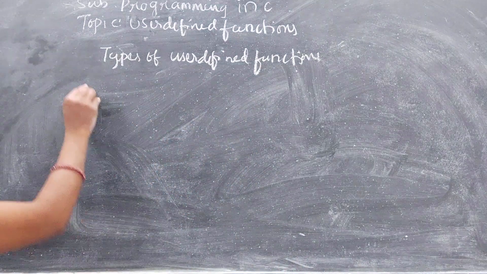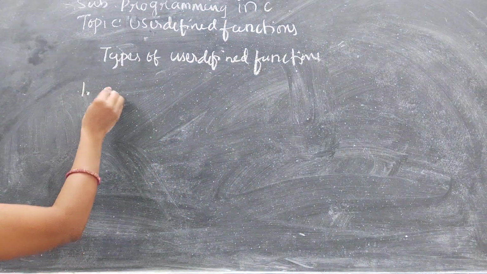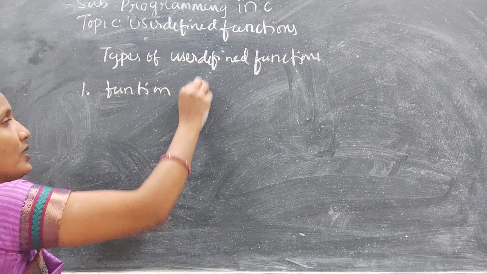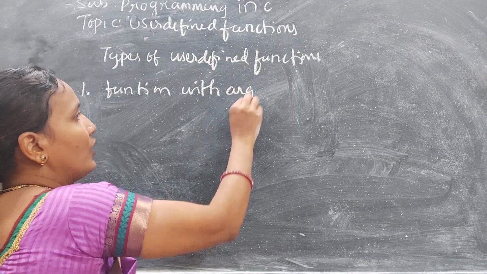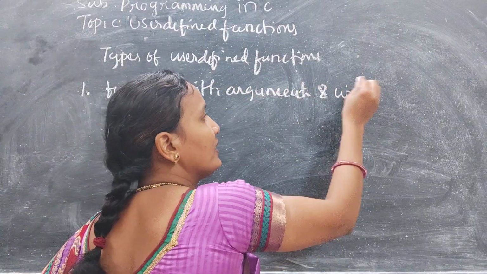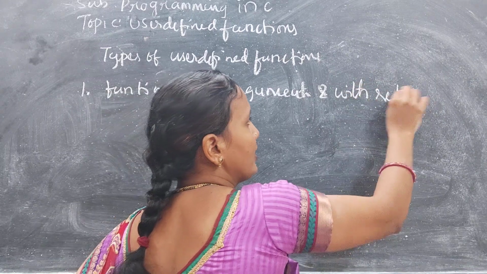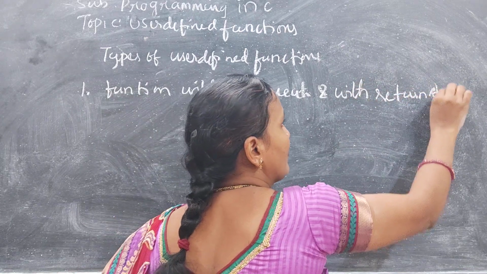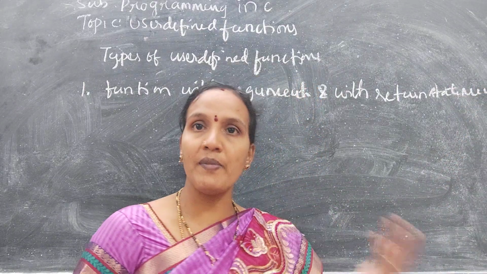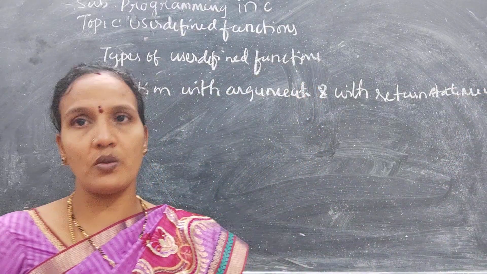Okay, the first one is function with arguments and with return statement. First one means in that function number of arguments are there and the return statement is also there.